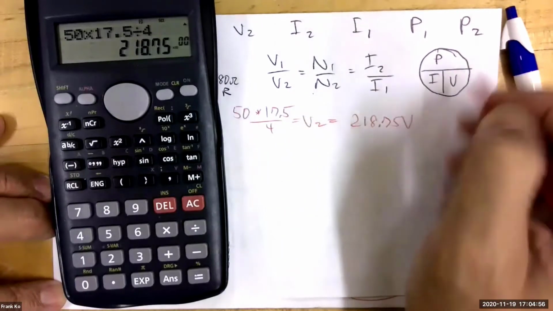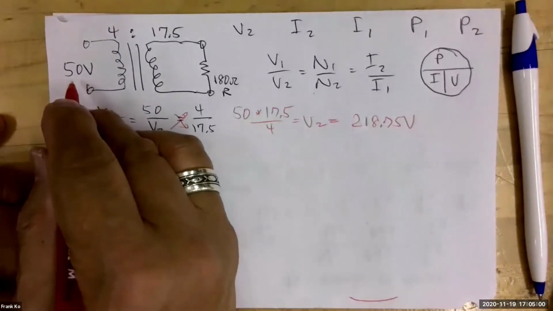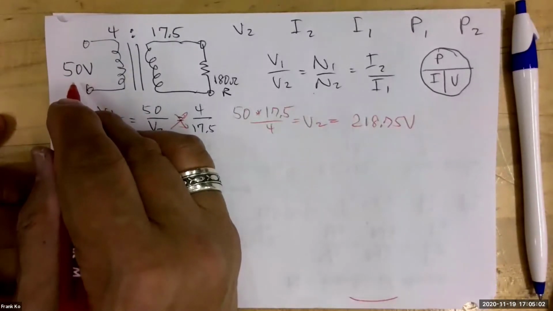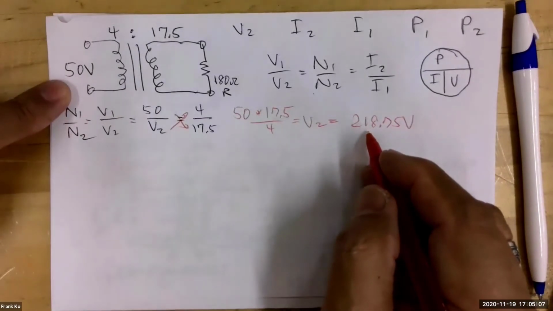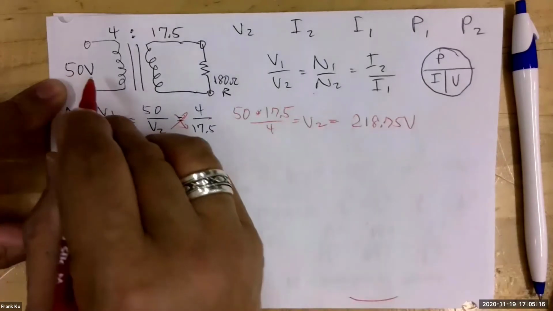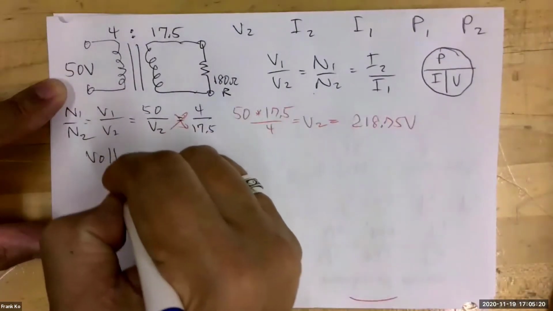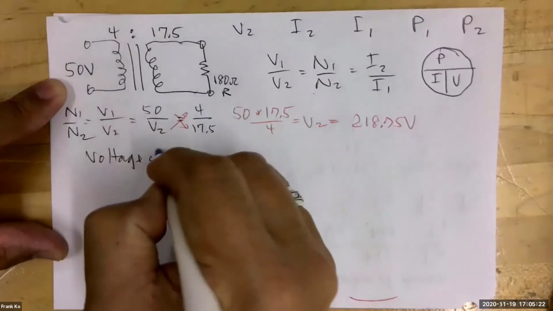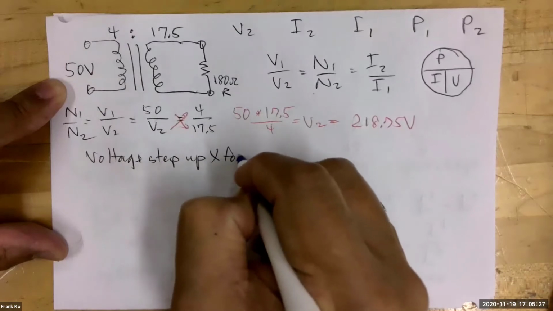218.75 volts. Wow. We started with how much in the primary? 50. We ended up with how much in the secondary? 218.75. What did this transformer do? It stepped voltage up or stepped voltage down? It stepped it up. Yeah, this is a voltage step up transformer.